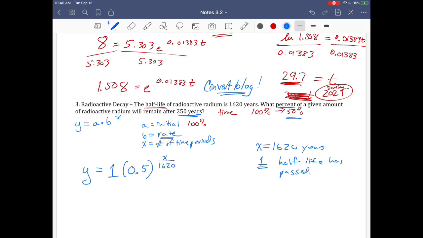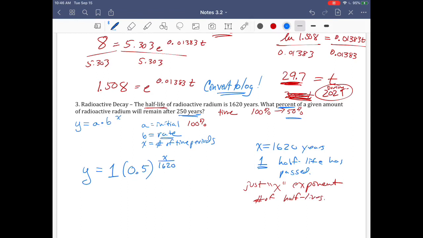So this will directly solve for the number of years. If you had just put an x up here in the exponent, you would solve for the number of half-lives. So you'd have to get a second answer going on there.